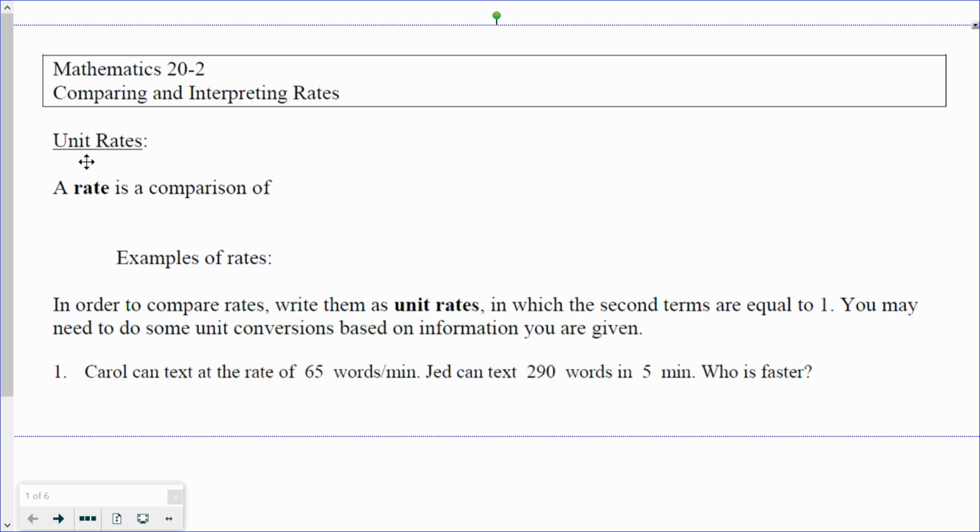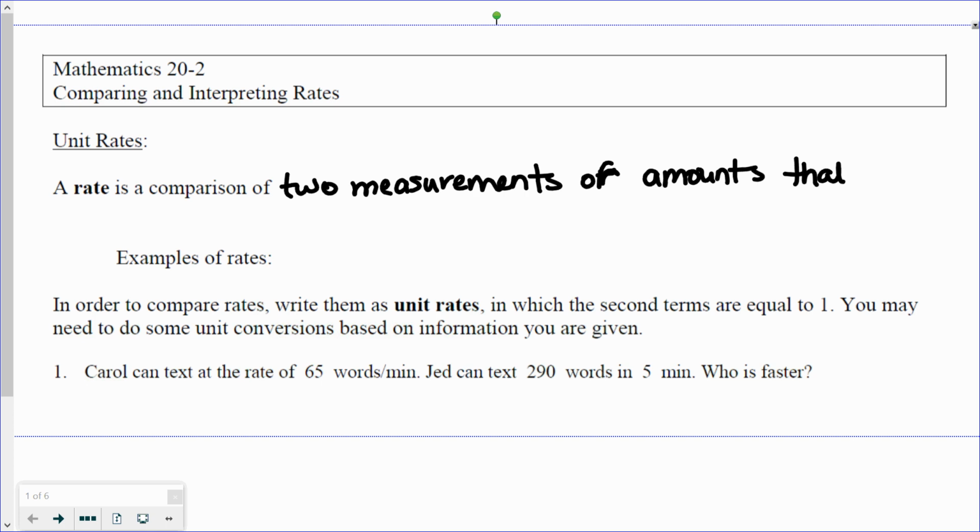So today and tomorrow, or today and the next day, we're going to talk about rates a couple of times. So a rate is a comparison of two measurements or amounts that are measured in different units.